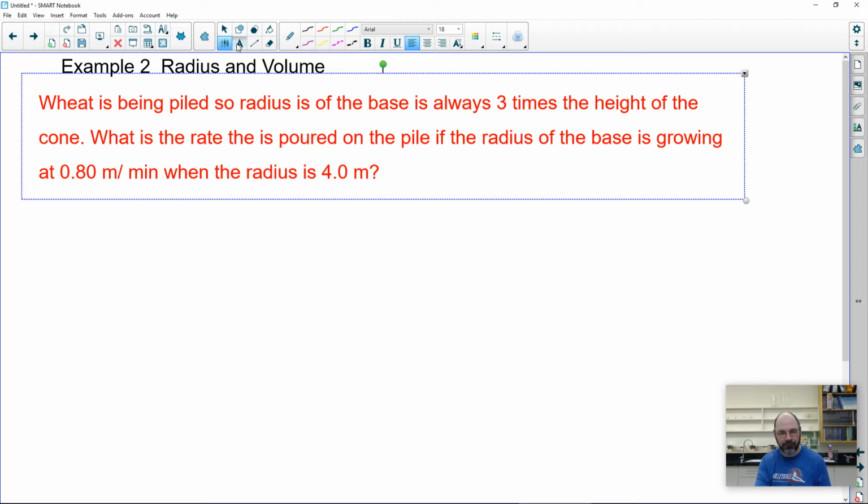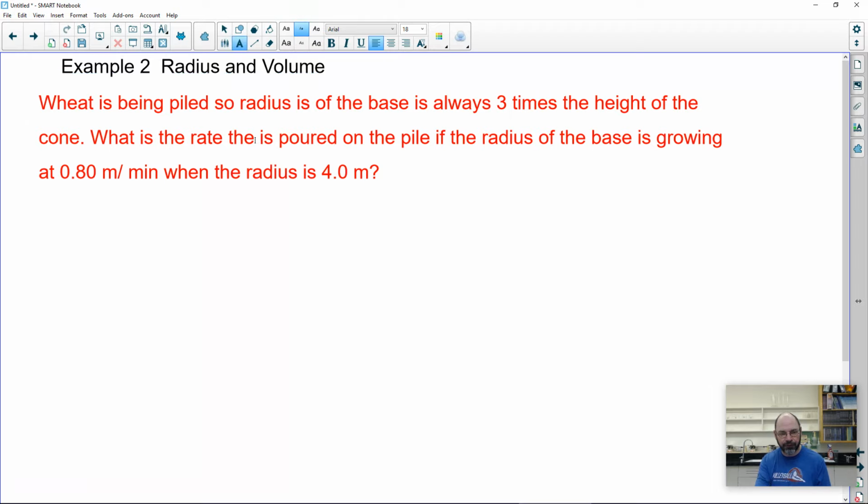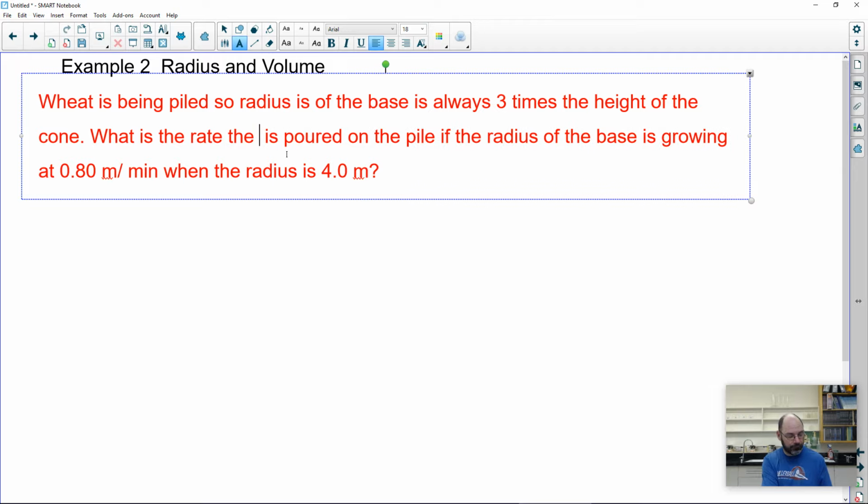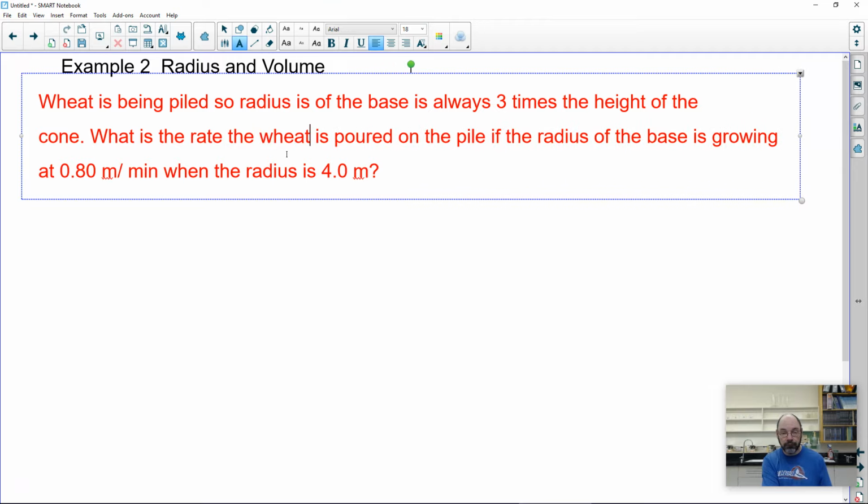Let me fix that. What is the rate the wheat is poured on the pile if the radius of the base is growing at 0.80 meters per minute when the radius is 4 meters? Okay, so let's draw this one out and get our ratio and do all that kind of stuff.